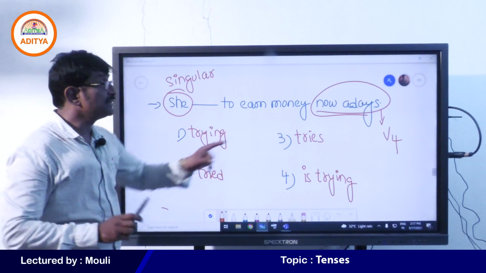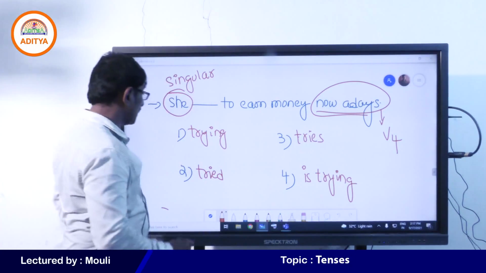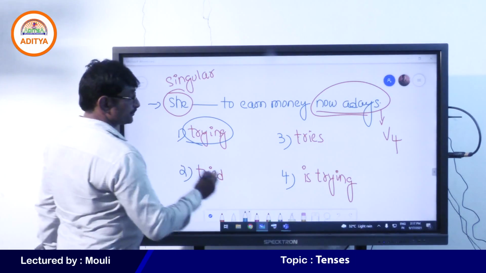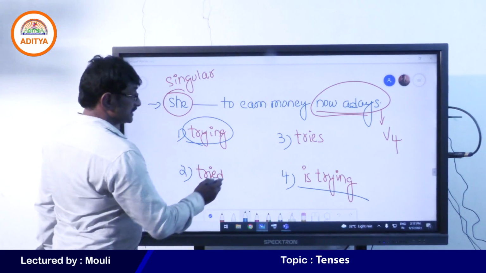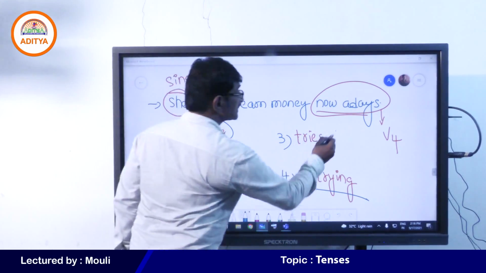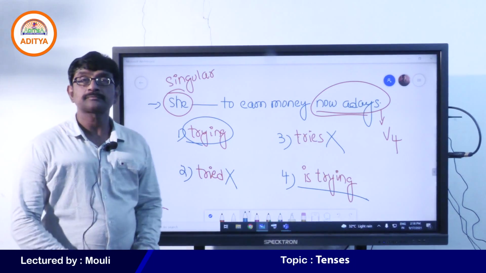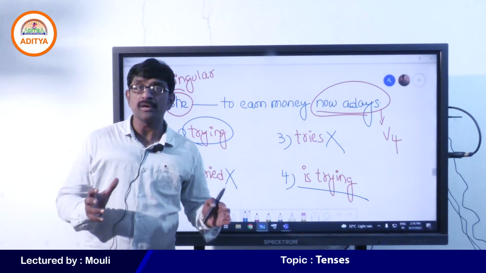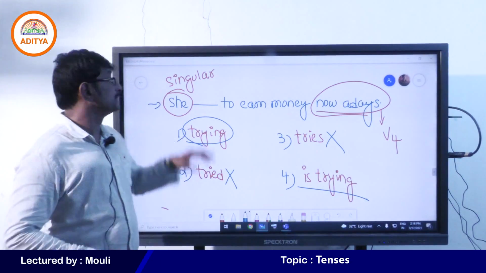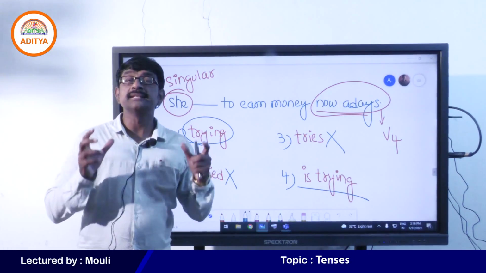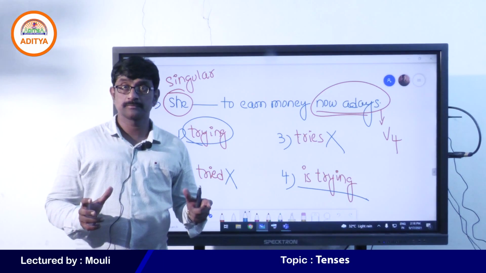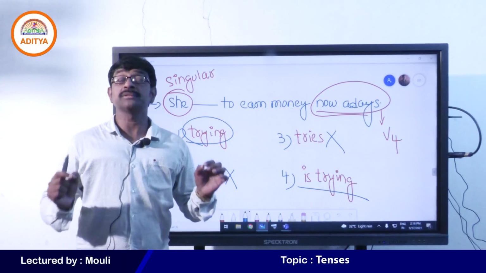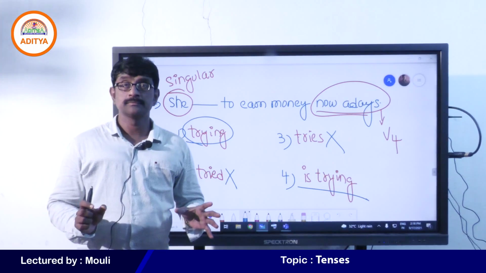So we want a V4 verb. How many V4s are there? Let us see. This is V4 and this is V4. This is not V4. This is not V4. What we want here is a singular verb, because "she" is singular.